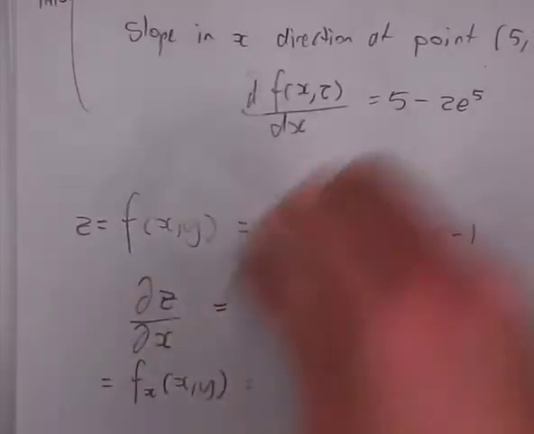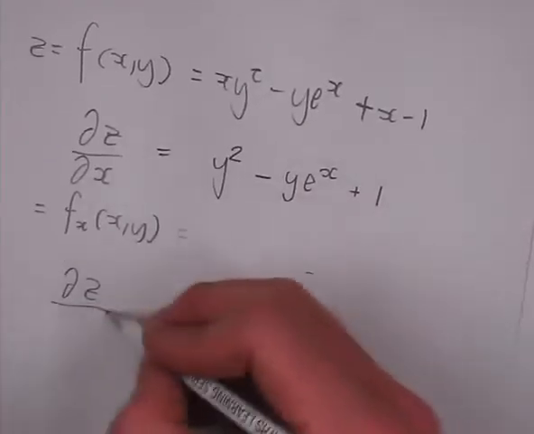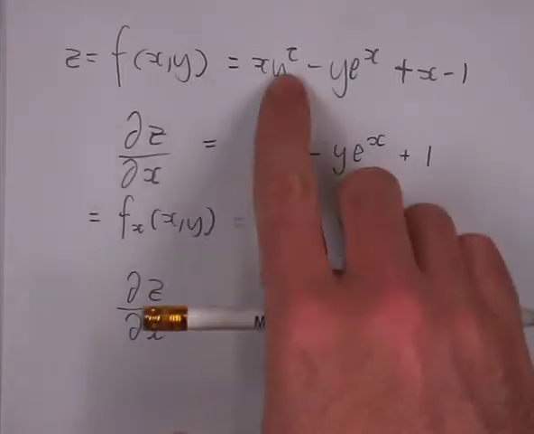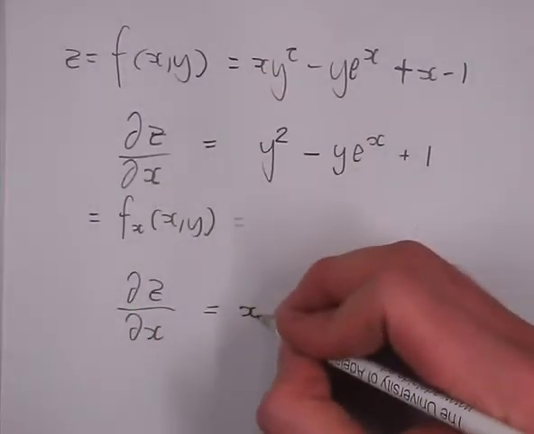Okay, say I had my original function and I differentiated it with respect to x. You can also do dz on dy. So this time I'm thinking I'm going to pick a particular value of x and put my plane the other way around and slice it this way instead of that way and figure out what the slope is in that direction. So in this case, the x is a constant and it's being multiplied on, so when I differentiate it will still be there.